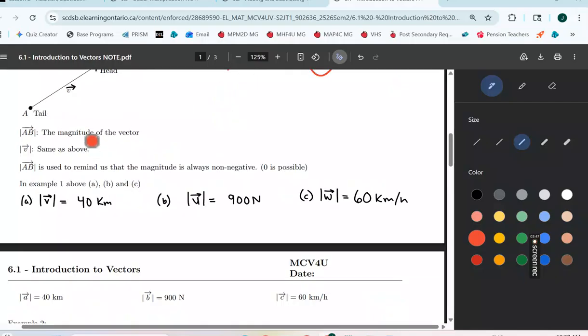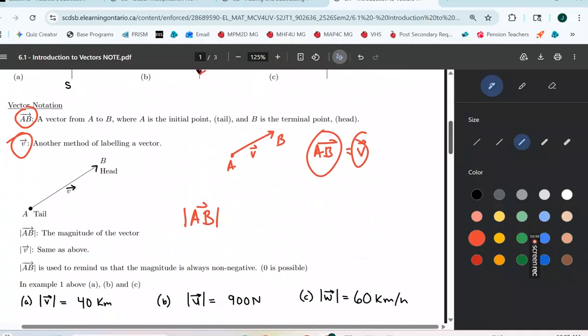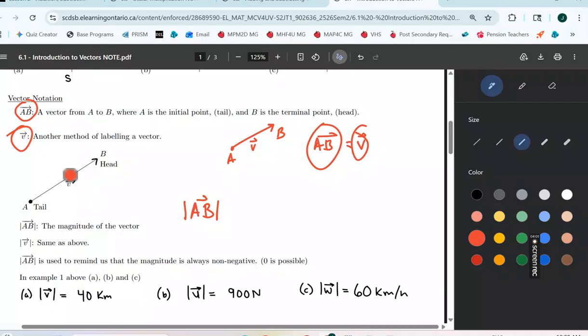Okay, so notation. If I put an absolute value sign around it, this tells me I'm talking about the magnitude. I'm going to be revisiting example 1 in a second. So again, if I do this, talking about the same vector, I'm talking about the magnitude. This absolute value is just to remind us that as with any absolute value, it should always be positive.